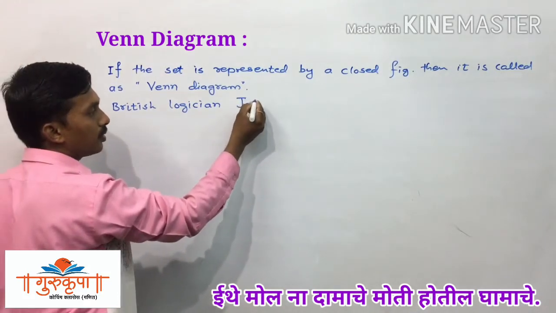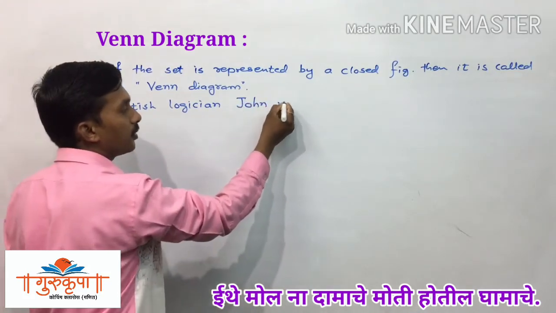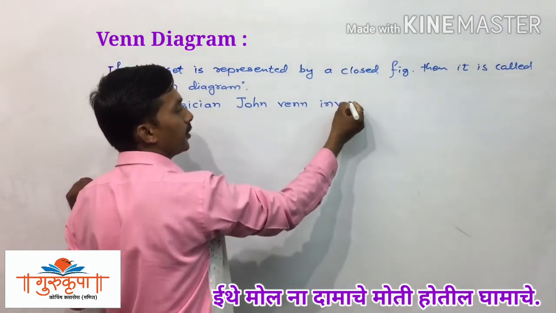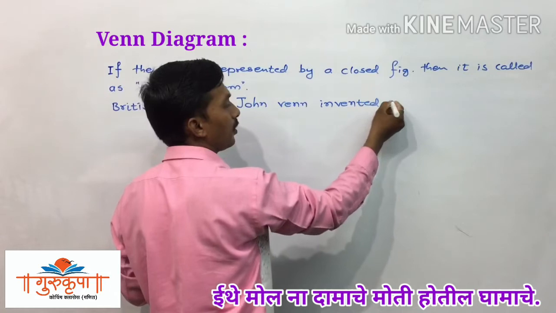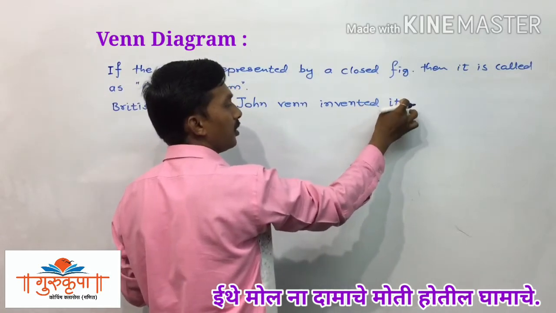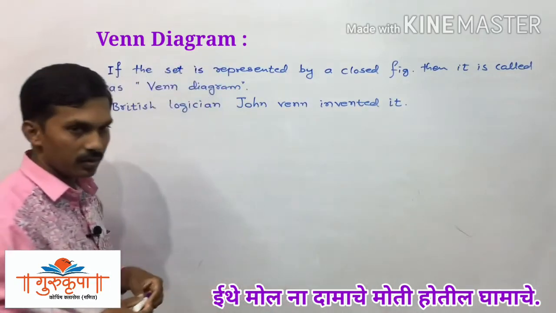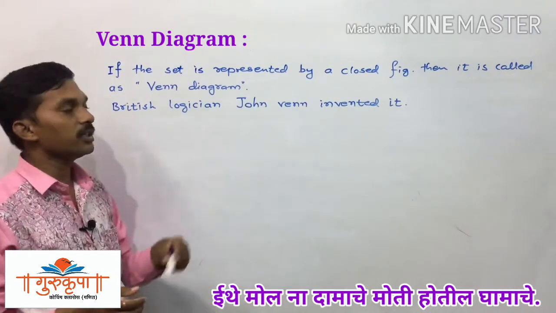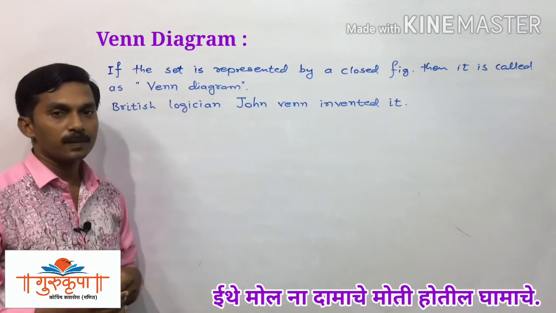This Venn diagram was invented by the British logician John Venn.